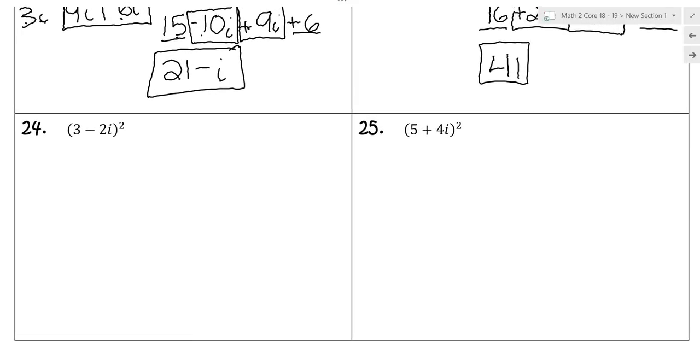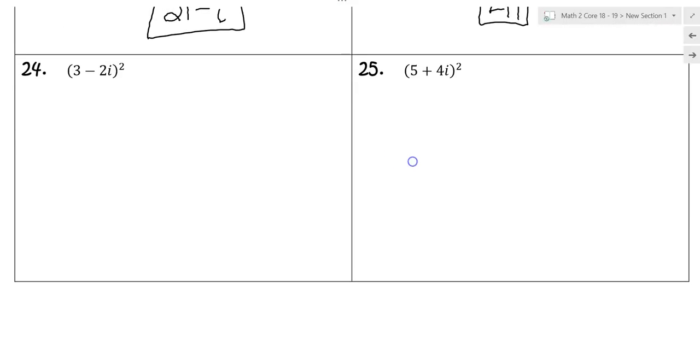All right, looking at number 24. Again, just like we did in KC2, we now have squared. 3 minus 2i squared is the same as 3 minus 2i times 3 minus 2i. Once I have that, we're just multiplying.